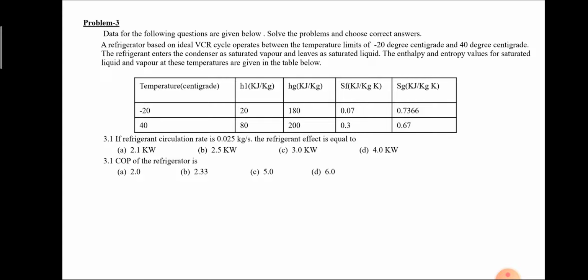This is a very important line for the problem, so you have to remember this. The enthalpy and entropy values are given at different temperatures. We have to find the refrigerating effect and COP, given that the circulation rate is 0.025 kg per second.